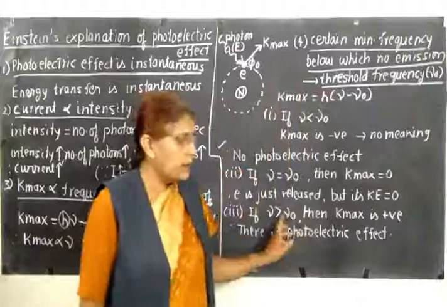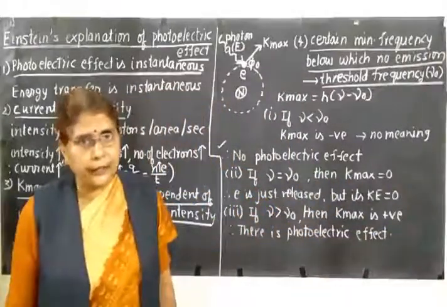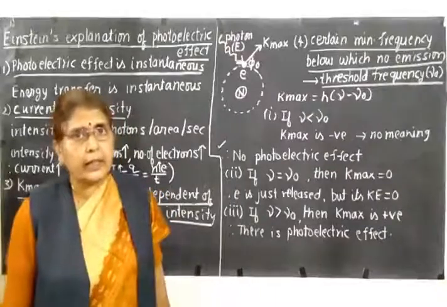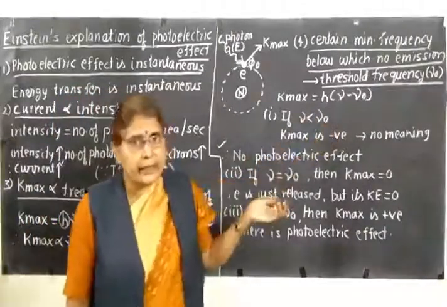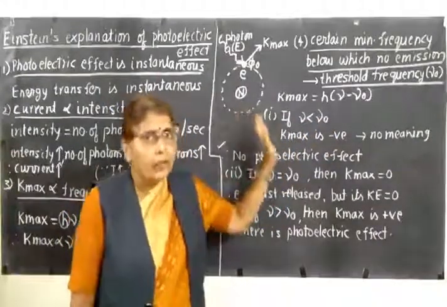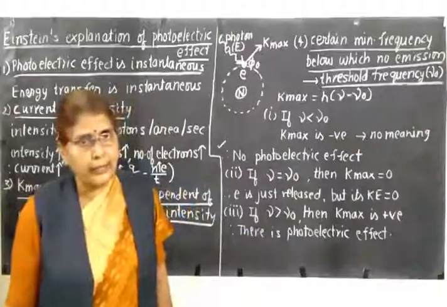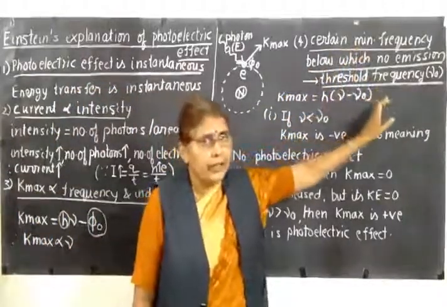Therefore, Kmax is also positive. The meaning is there is photoelectric effect. So when is photoelectric effect not possible? If nu is less than nu 0. The meaning is there exists a certain minimum frequency nu 0 below which there is no photoelectric effect, and this minimum frequency is called the threshold frequency.